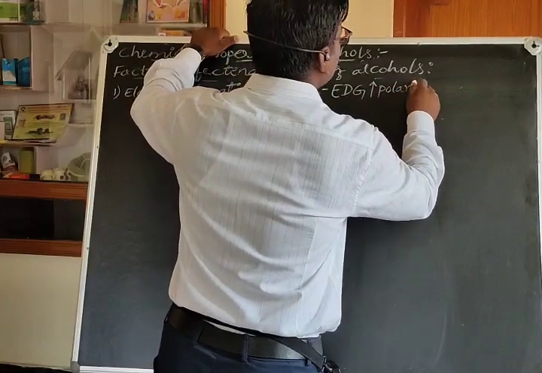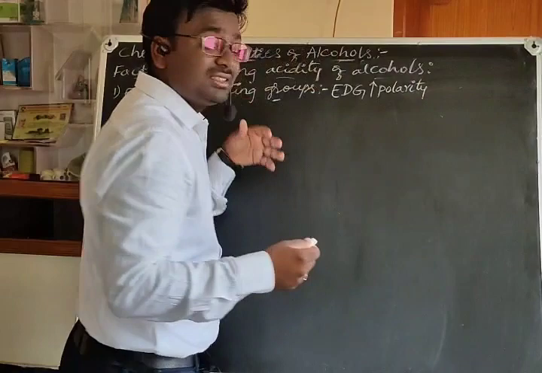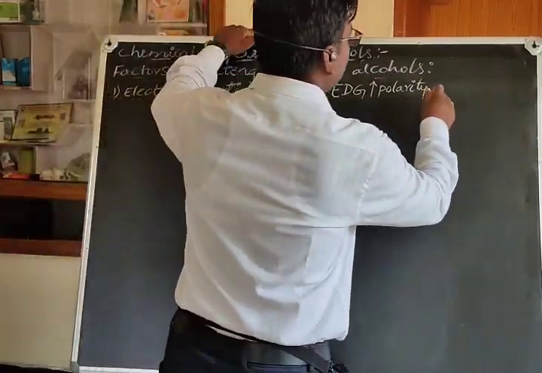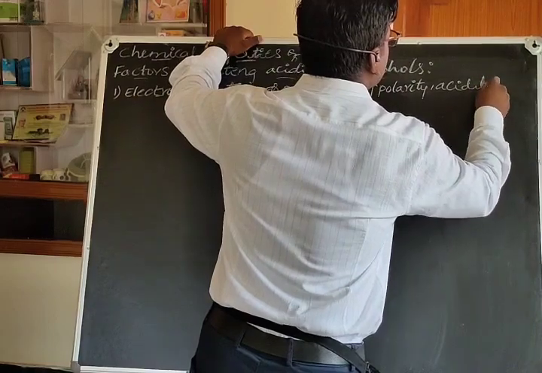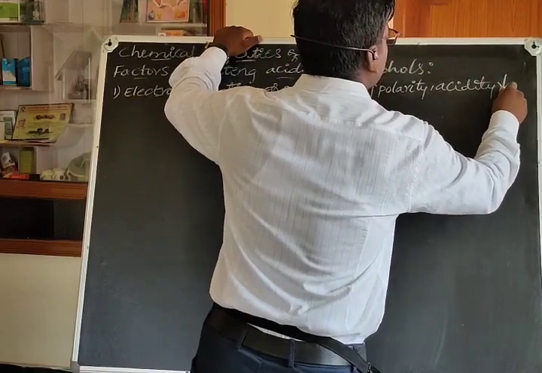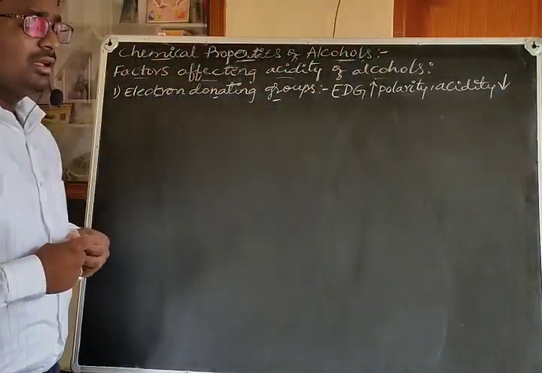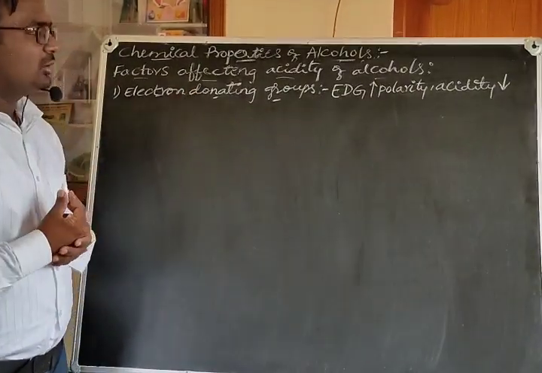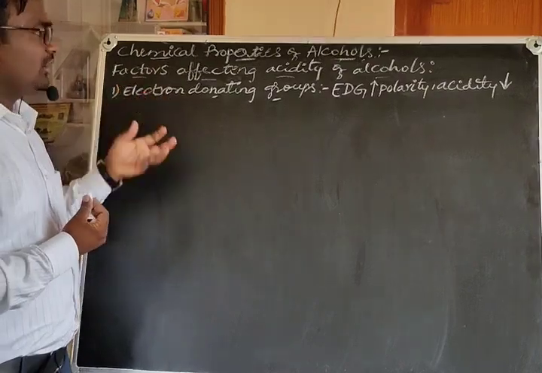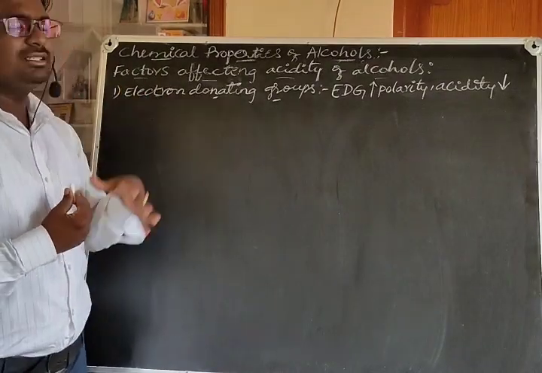When polarity is decreased, definitely acidity also will decrease. So polarity and acidity decrease. When you go on adding electron donating groups onto the carbon, it decreases the polarity.